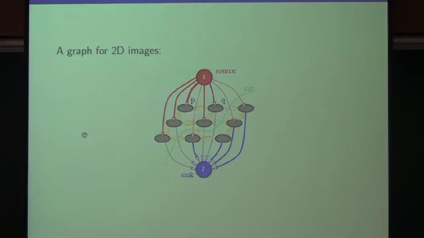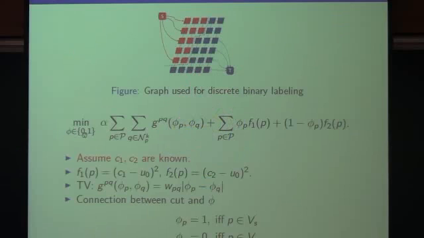So this naturally splits all the pixels into two classes. And again, we can show that if you find the max flow or min cut for such a network, I think I didn't write it down. This is discretized.